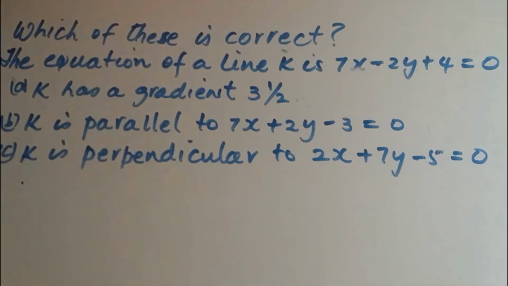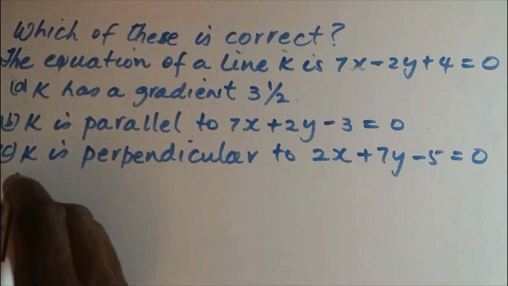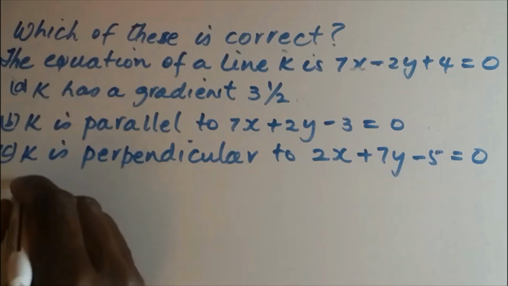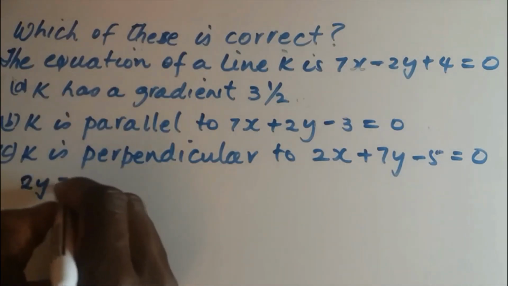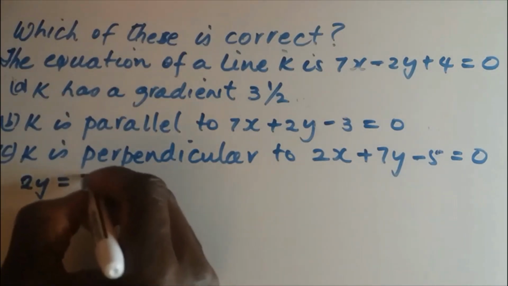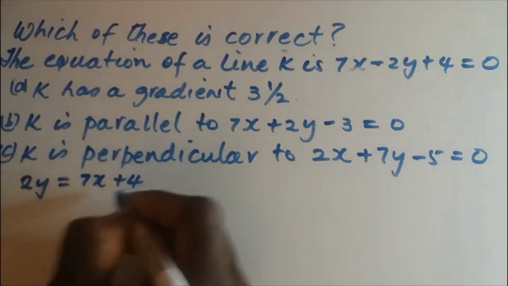So here we have 3 statements, and the information given is that the equation of a line k is 7x minus 2y add 4 equal to 0. And first we need to determine whether k has a gradient of 3.5. So we'll rearrange this in standard form, and this becomes 2y is equal to 7x add 4.